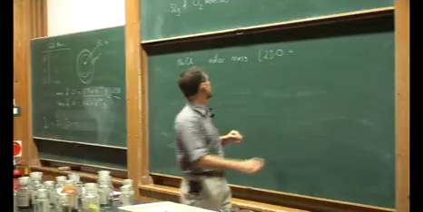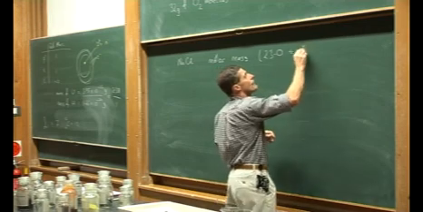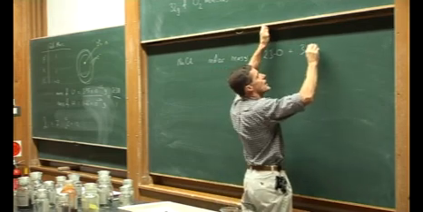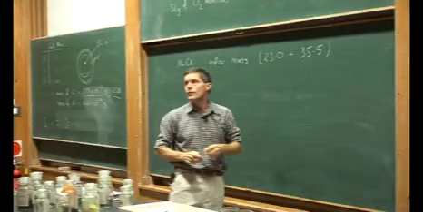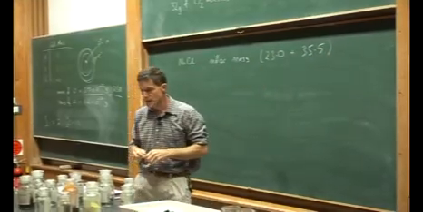The molar mass of chlorine is 35.45; let me call it 35.5 here.